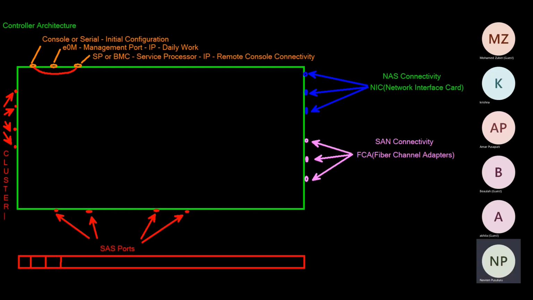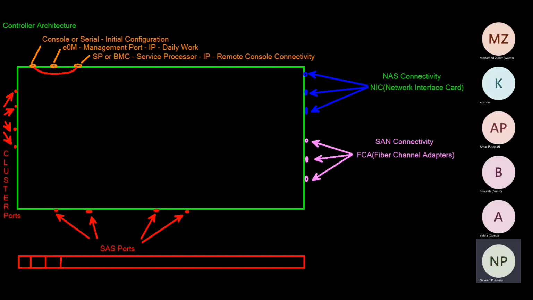Cluster ports. With the help of these ports, this controller will be connected to the other controllers within the cluster, and they'll be able to share the configurations with each other. I told you, these are pre-configured ports.